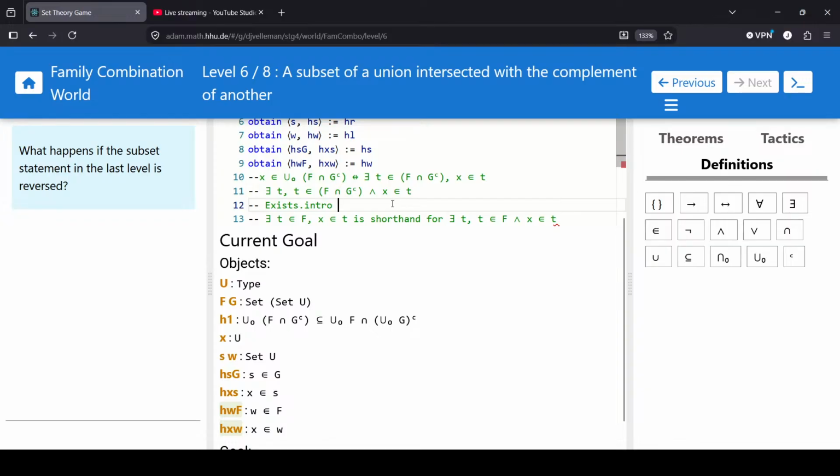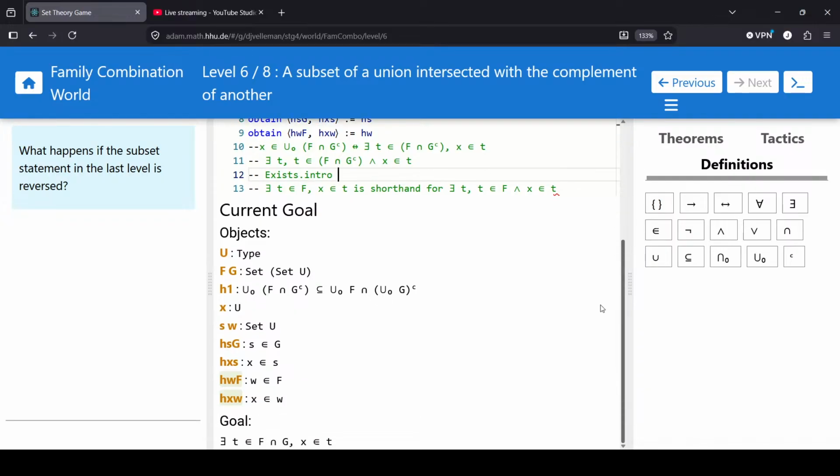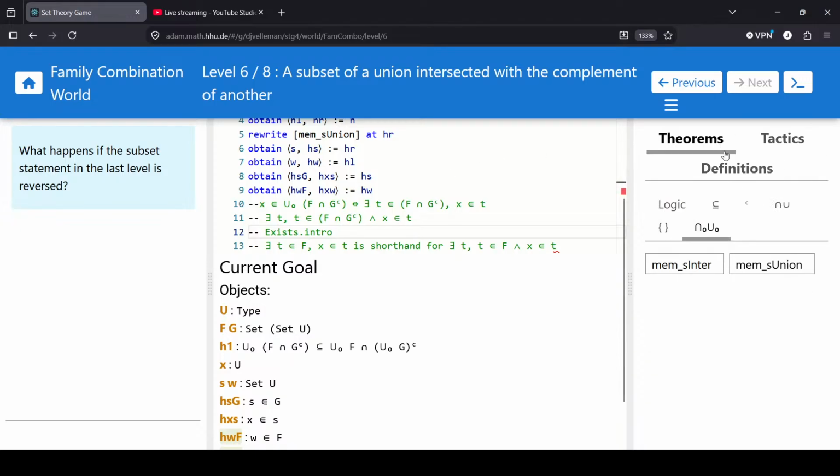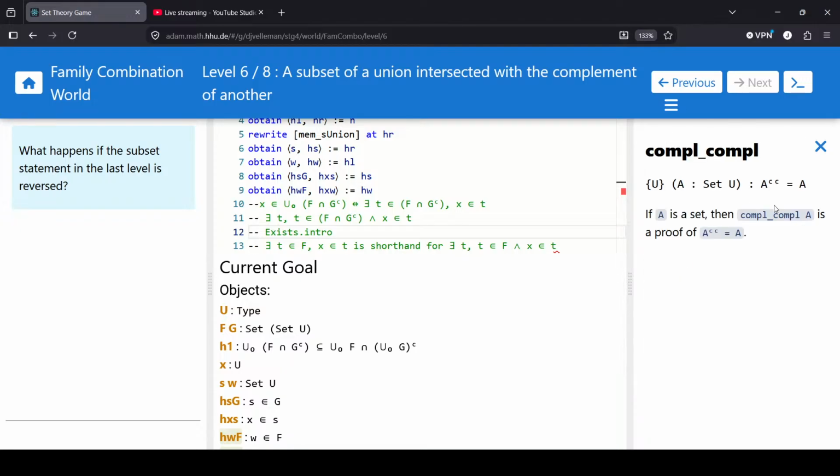How would I ever do that? Probably need to use compl or something. I need to get a complement out of G.